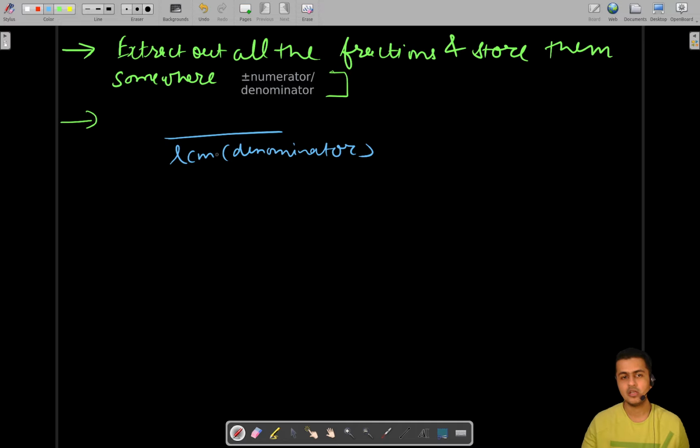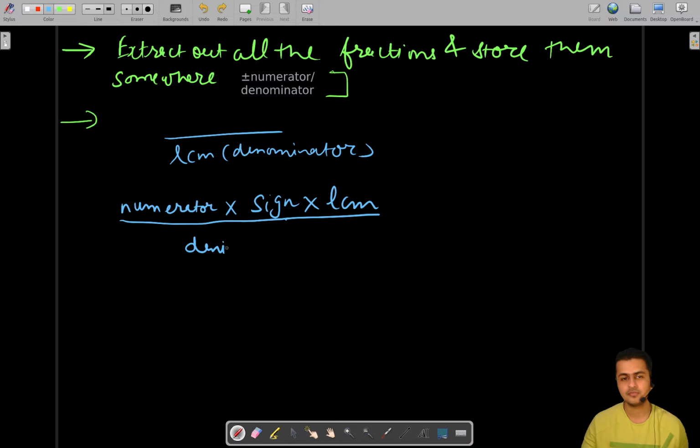Then for each numerator of a particular fraction, you will be multiplying that numerator into the sign of the fraction, whether it was positive or negative, and this whole thing will be multiplied by LCM, and the LCM will be divided by the denominator.